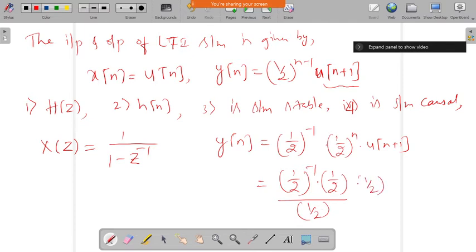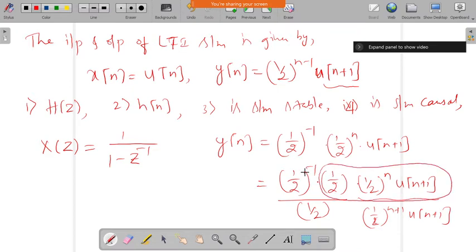So what I will get here is half power n into u of n plus 1, multiplied and divided by half. So if I add here, we are going to get half power n into half power n plus 1 into u of n plus 1. This is the complete term.